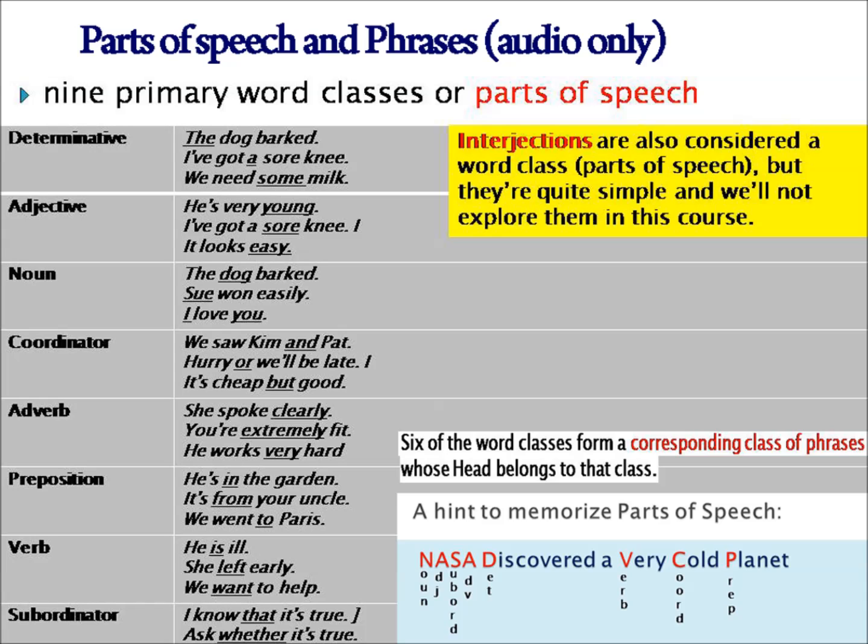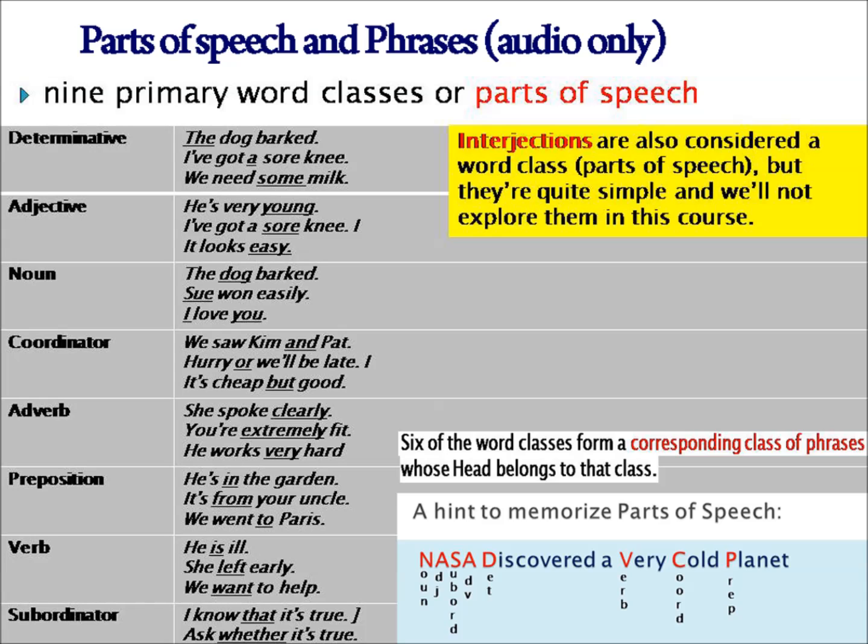phrases in English. We have some types of phrases, okay? We are going to deal with the noun and the verb phrase in this course, but we also have the adjective phrase, the prepositional phrase, okay?